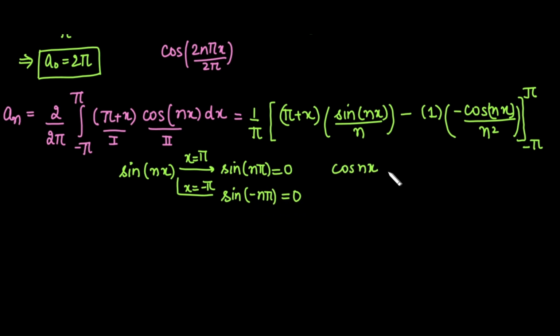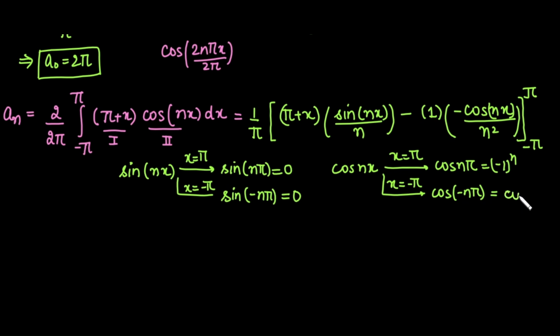Whereas cos nx at upper limit, x equal to pi, cos of n pi, this is minus 1 raised to power n, and at lower limit x equal to minus pi, cos of minus n pi, this can be written as cos of n pi, and its value is again minus 1 raised to power n. Next step, we can directly write this as equal to 0.